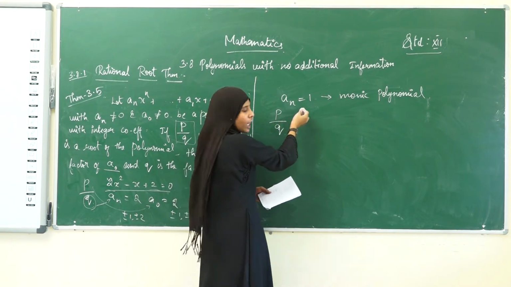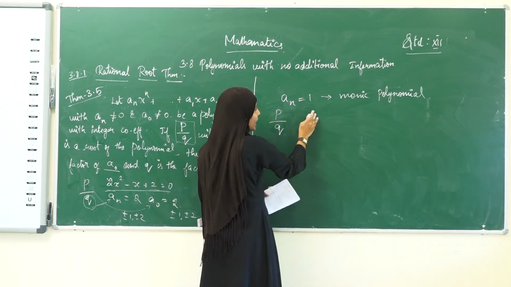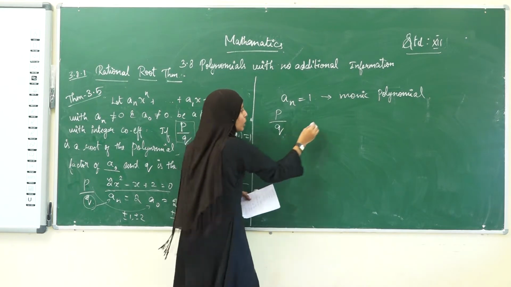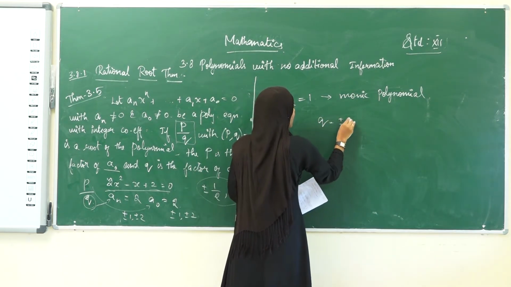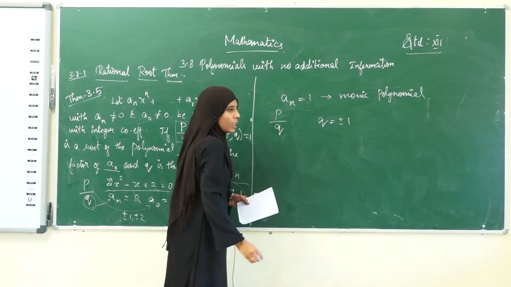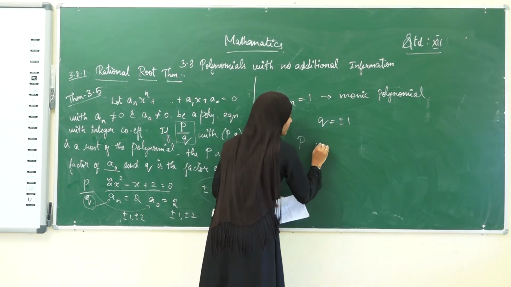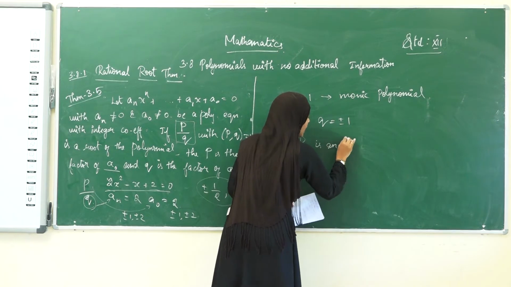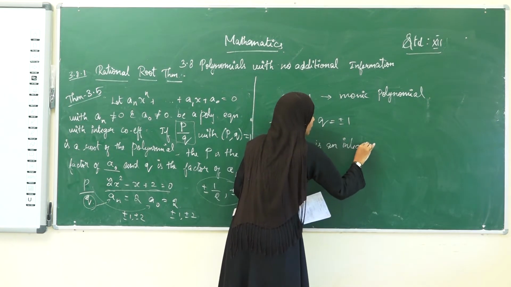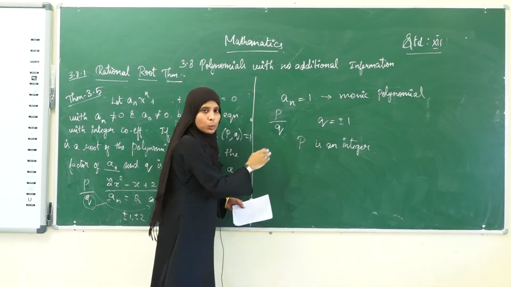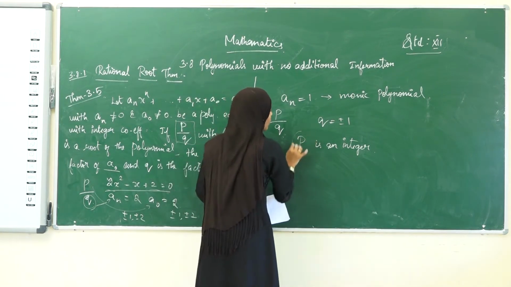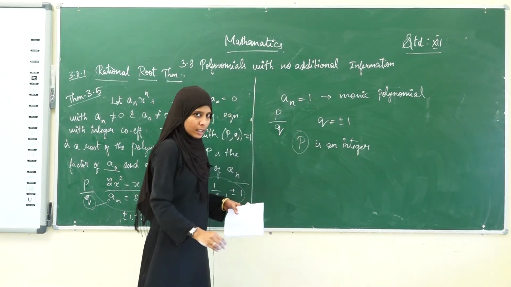What are the factors of a_n? Plus or minus 1. Here it is 1. Therefore, q will automatically be plus or minus 1. Therefore, the root will be only p. The p must be an integer, because the denominator becomes 1, therefore the root will be only p, which will be an integer.